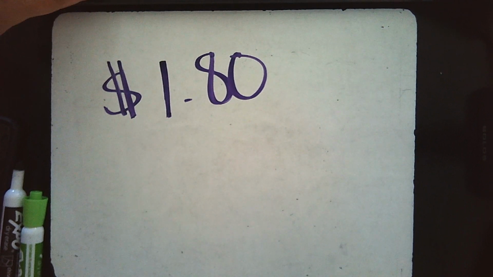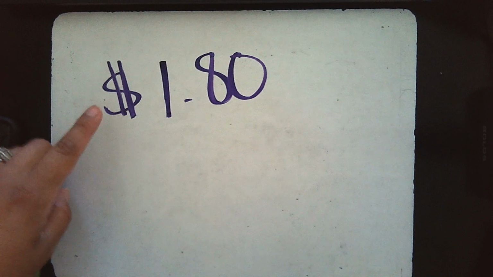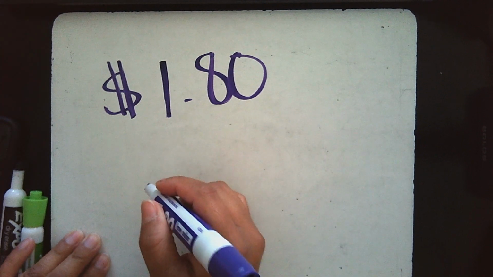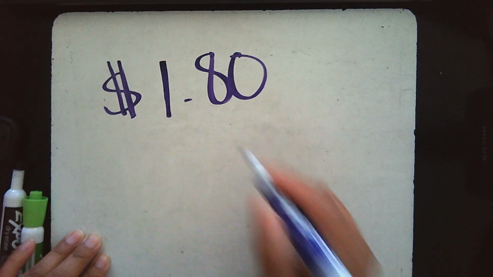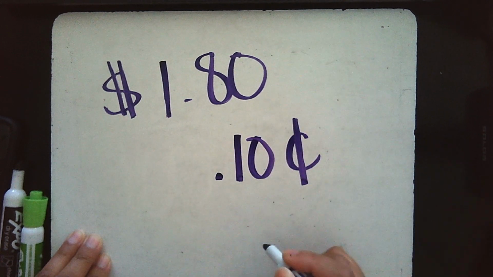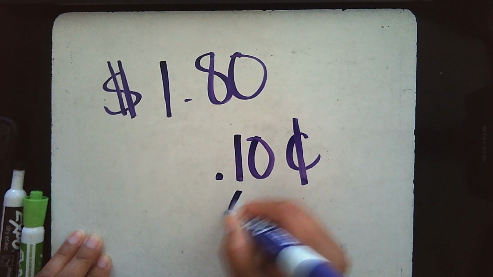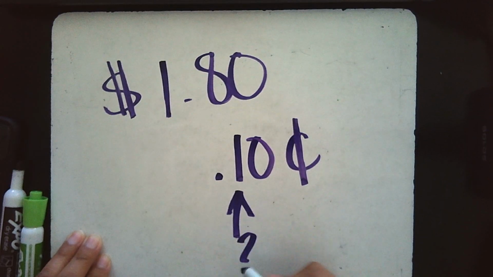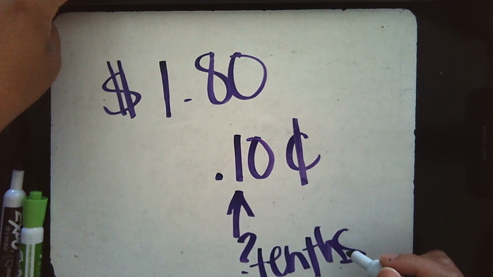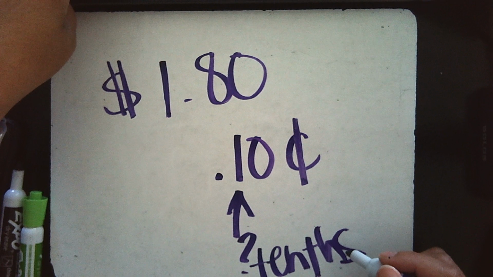So she's asking herself, I know I have 18 dimes because one dime is, what would 1 dime equal to? So we know 1 dime equals 10 cents. So what place value does my 10 start in? That starts in my tenths place. So you would say it starts in your tenths place, okay?